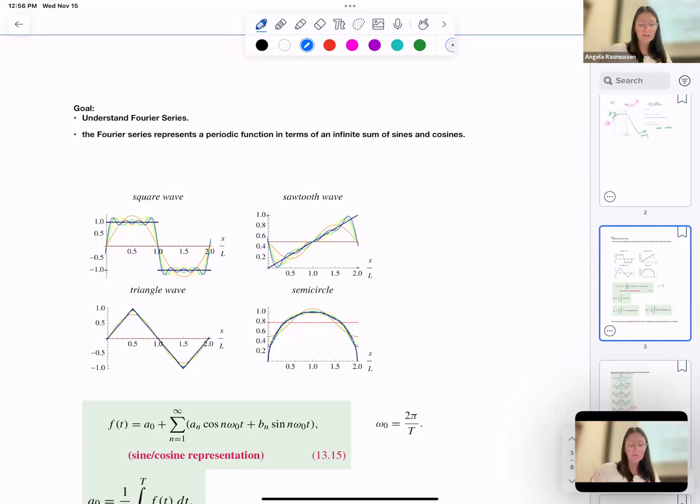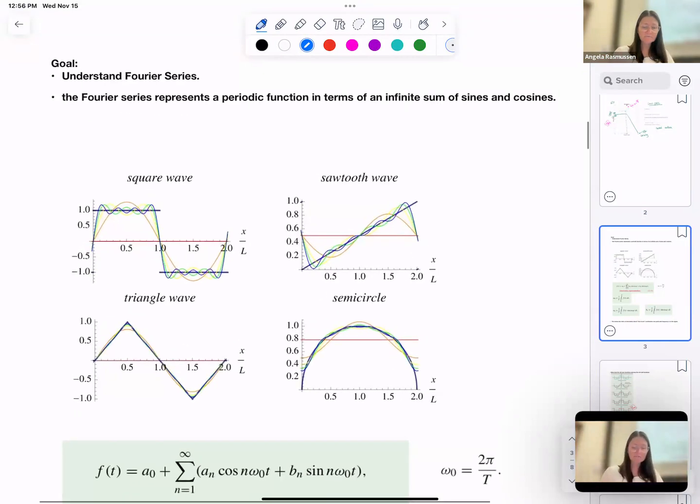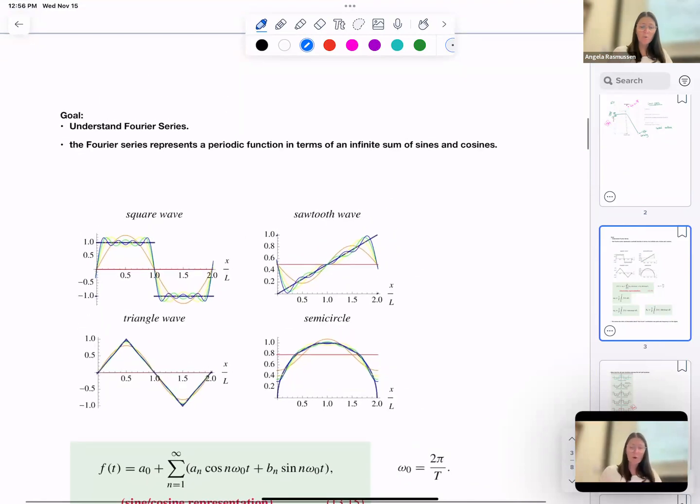So the first thing we need to do is to understand some of the properties of Fourier series. A Fourier series will represent a periodic function with an infinite sum of sines and cosines.